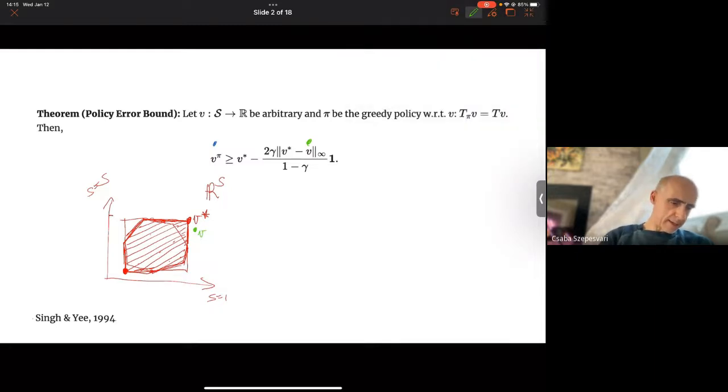In particular, if you start to grow a box of equal sizes, a square from V towards V star, whenever you get to touch one of the coordinates of V star, you stop. So the length of one side of the square is equal to this maximum distance between V and V star.